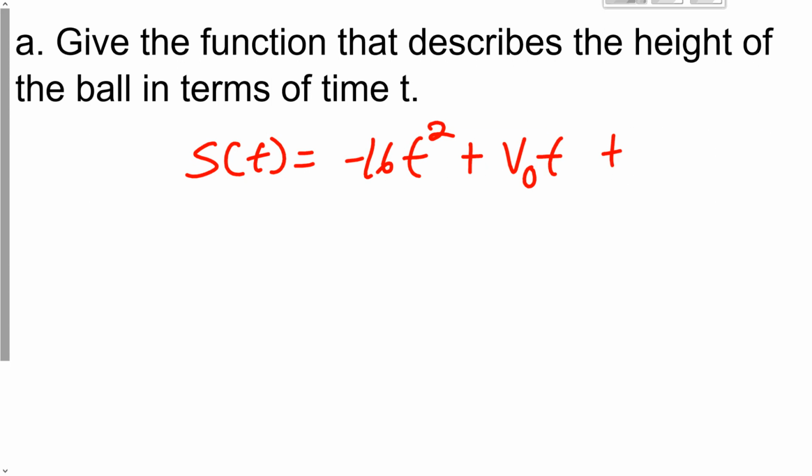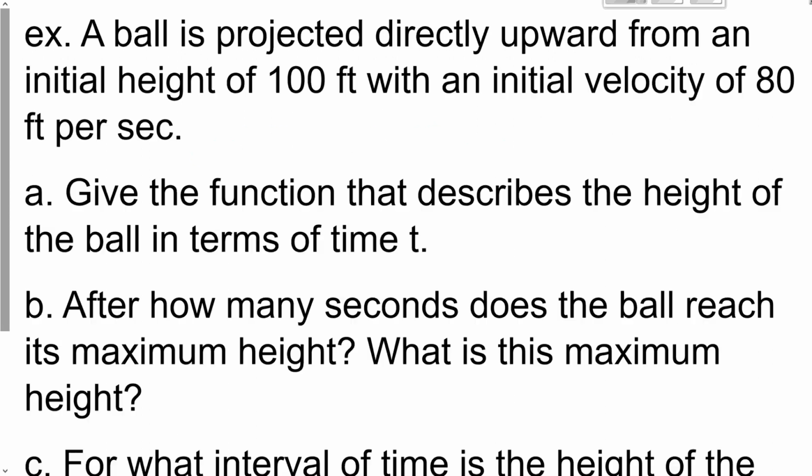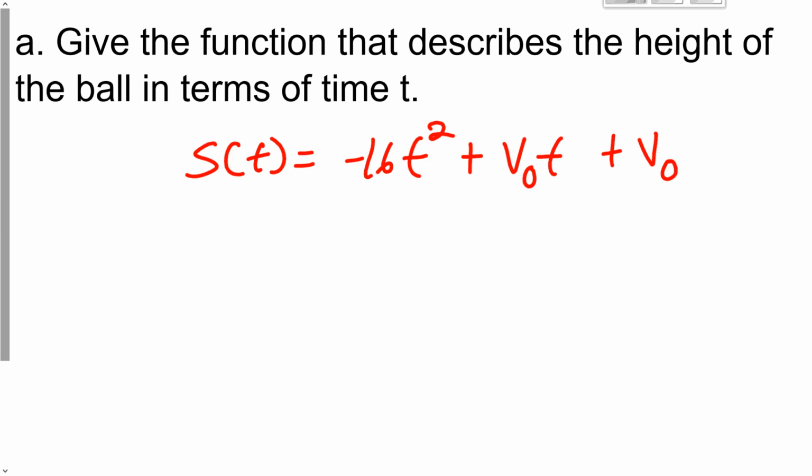and then plus our initial height. So as we look at our example from before, we can see that the v sub 0, our initial velocity, would be 80, and then our s sub 0, our initial height, would be 100. So then we come back and we can enter those in, and here's our function in terms of t, right?